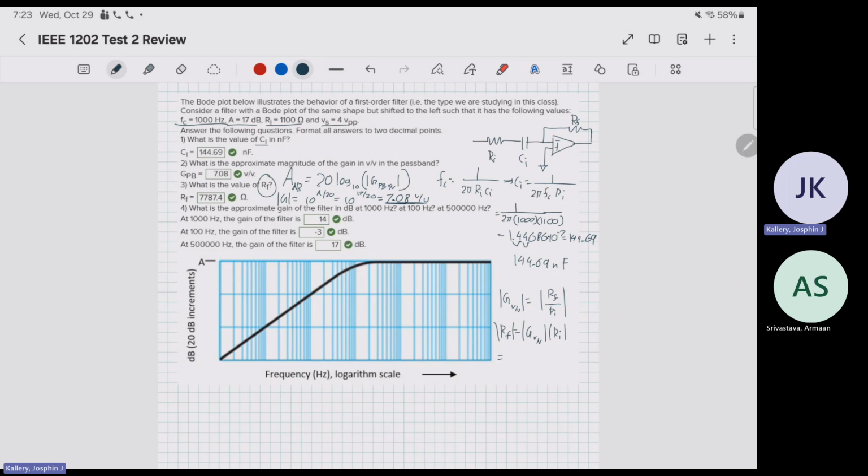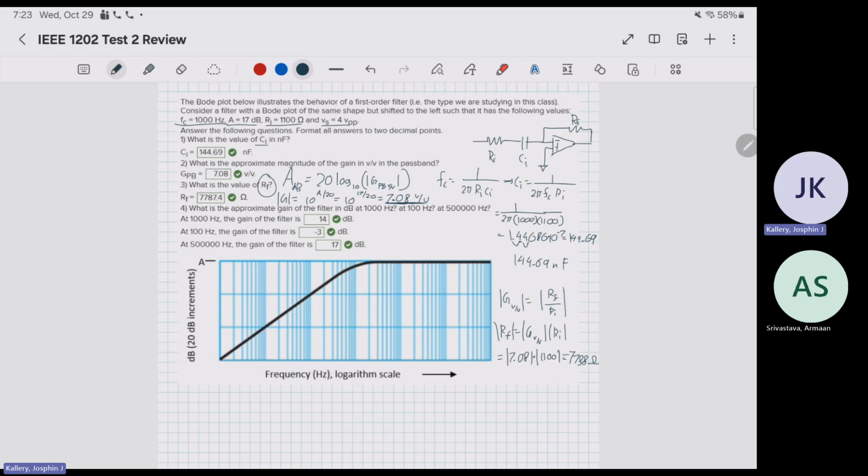So our gain is 7.08 times RI, which is 1100, which should be 7788 ohms. And once again, the answer I input is 7787.4, but it's within tolerance, so we'll be fine.